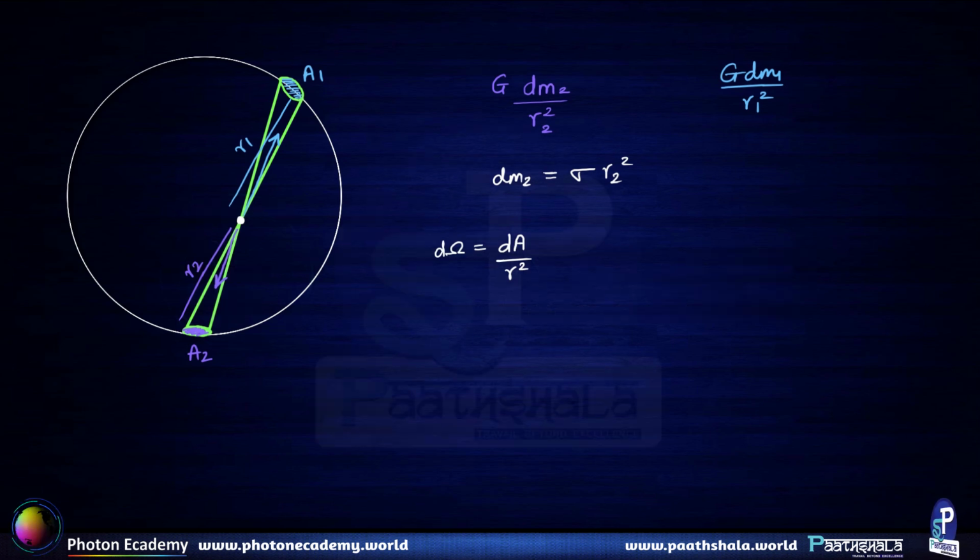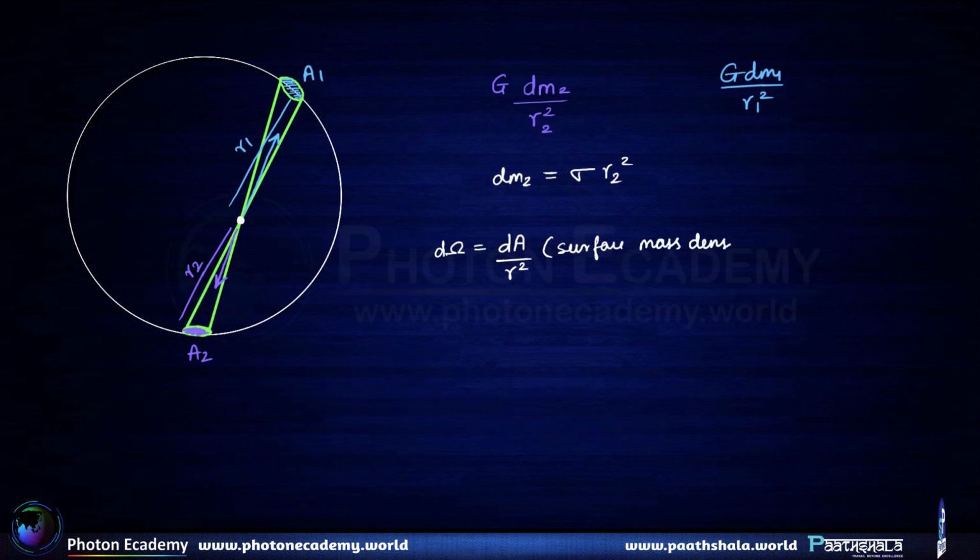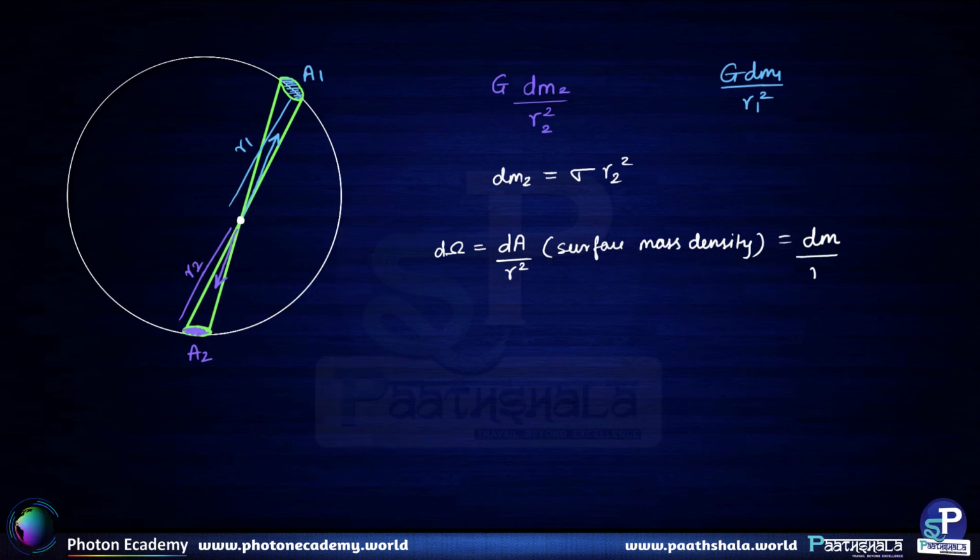And if you multiply this quantity with the surface mass density, which is constant, this is going to yield dm. The area into surface mass density is dm. The r square in the denominator remains as it is.